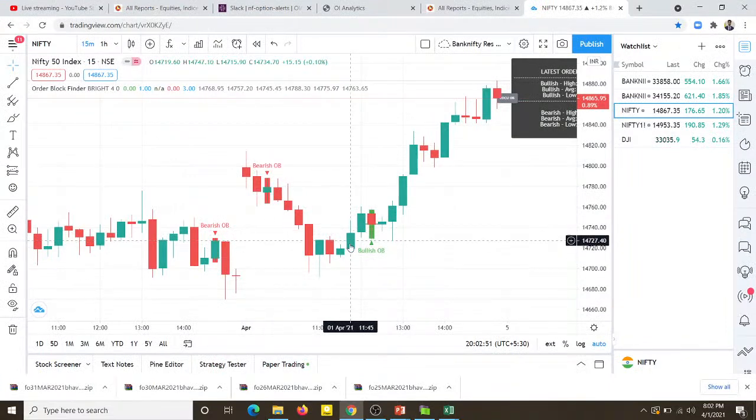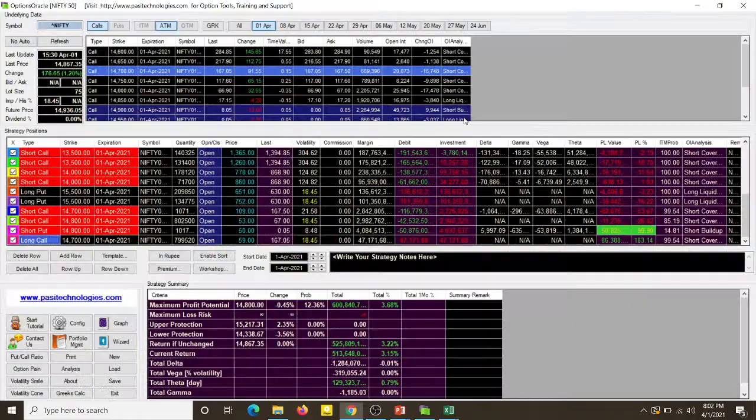And as the market is reversing over here to the upside, this is the next maximum profit potential point, which is 14,800, that you can see here. So this way you can put in the live positions and understand where the market is headed next, right? So if you see in the group today, I have mentioned that a 14,800 visit could be there, just because there's one more thing here.